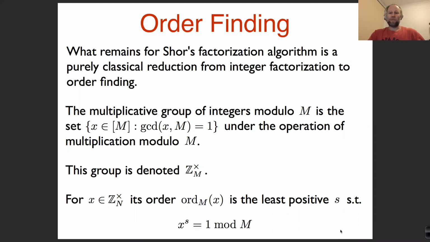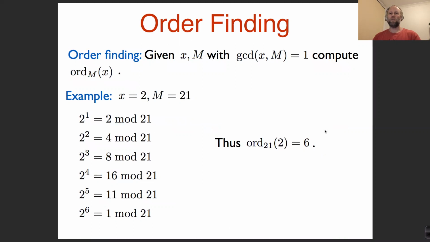If you take an element x in this group, its order is the least positive integer s such that x to the power s is equal to 1 mod m. That's the order of an element of this group. Let's look at an example. If m is 21 and we take x equals 2, so 2 is relatively prime to 21, let's look at the powers of x modulo 21.